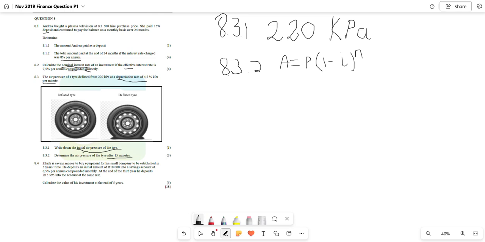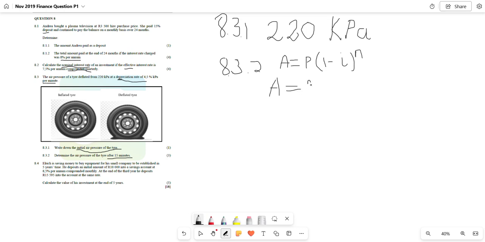In this case, it says determine the air pressure of the tire after 15 minutes. After 15 minutes, this tire will have deflated to a certain air pressure. P becomes the initial air pressure before this tire loses air. We are looking for A, the air pressure after 15 minutes.